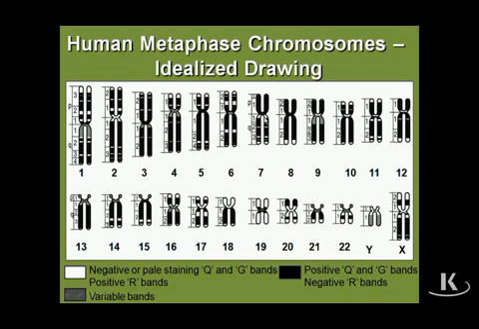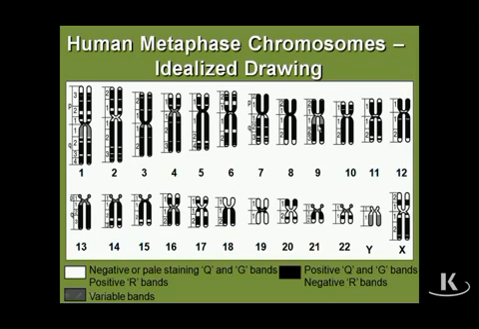The centromere is this constriction that separates the shorter P arm from the longer Q arm of a chromosome. That centromere can be in different places on different chromosomes. So for example, for some chromosomes, such as chromosome number 1, the centromere is approximately in the middle. We would call this a metacentric chromosome.